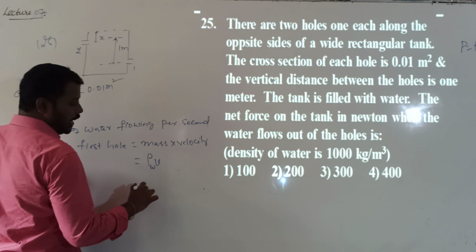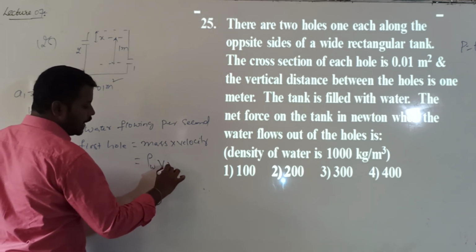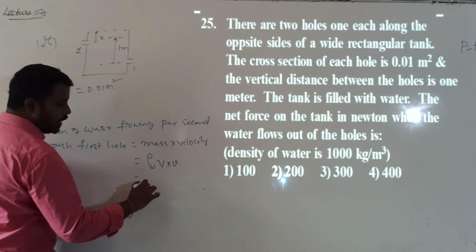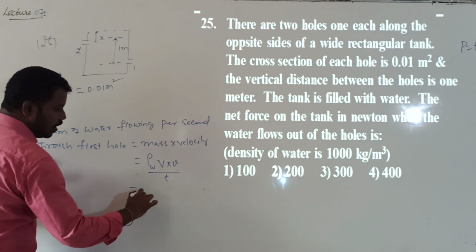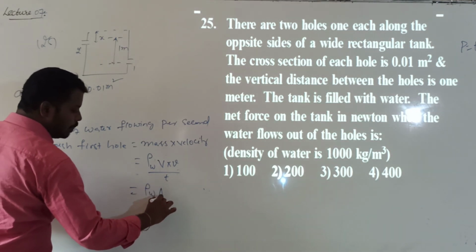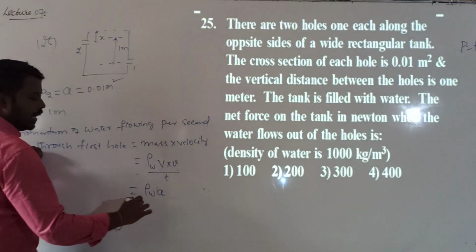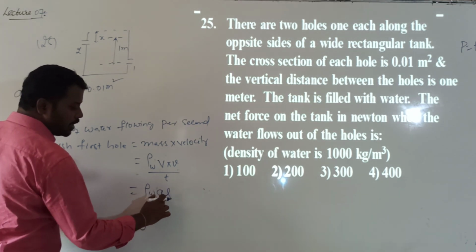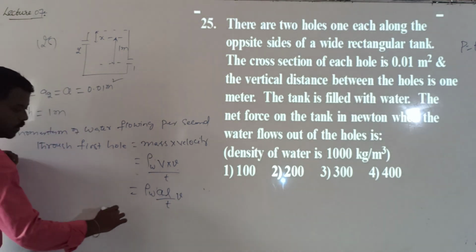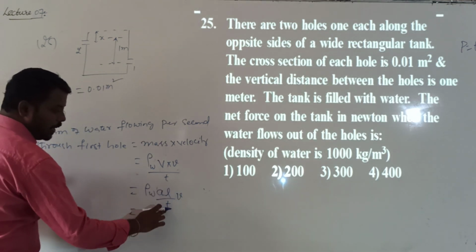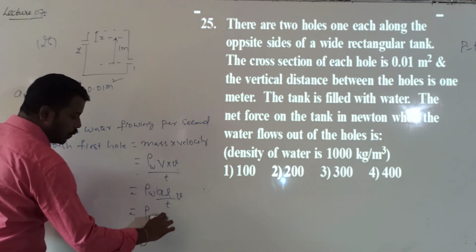Capital V is volume, into velocity v, which can be written as l by t. Volume can also be written as area of cross section A into l, so volume is equal to A into l into v by l by t. Therefore l by t is nothing but v. So what I will get is rho W into A into v square.